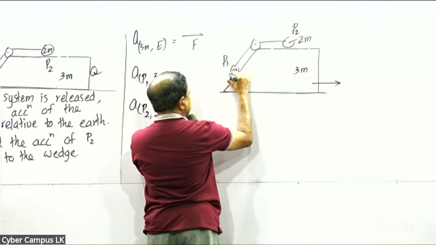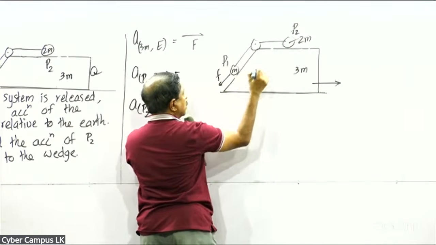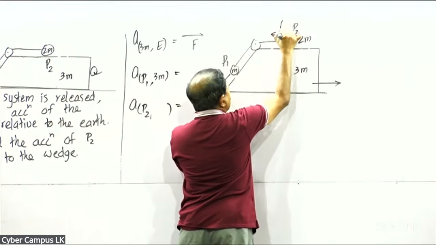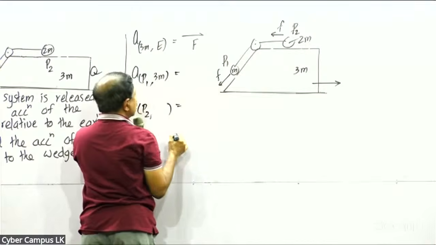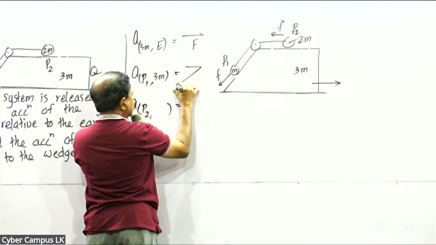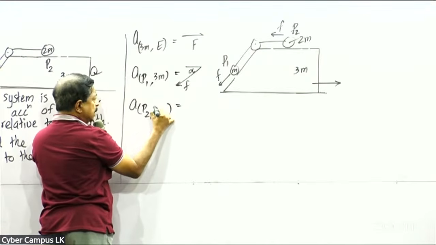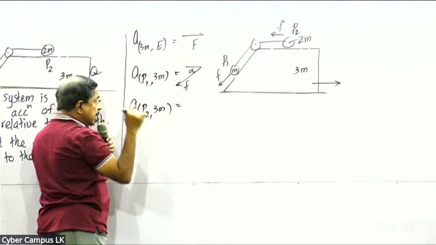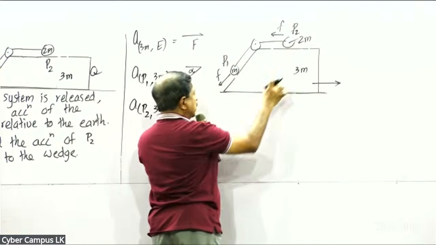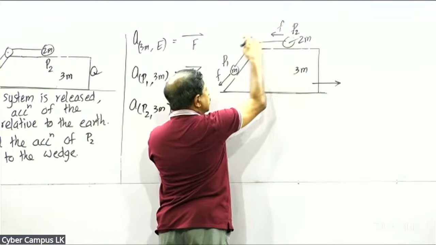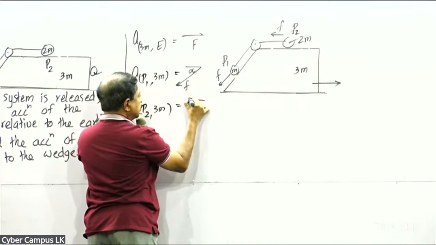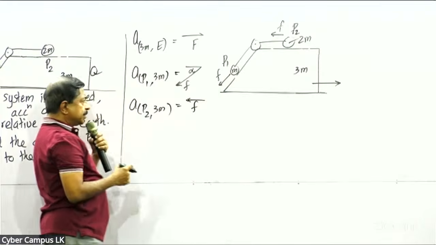It is in this way. The acceleration of P3 relative to 3m is F. It is a simple F, a horizontal acceleration.